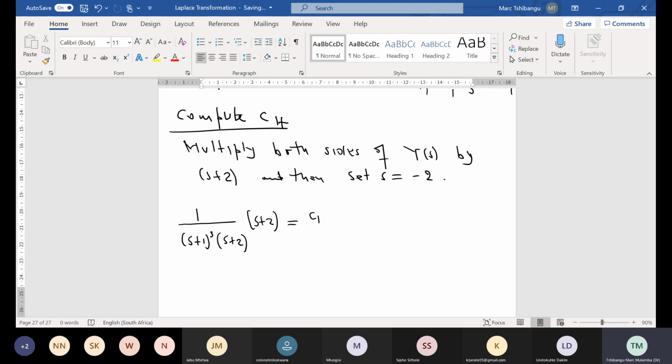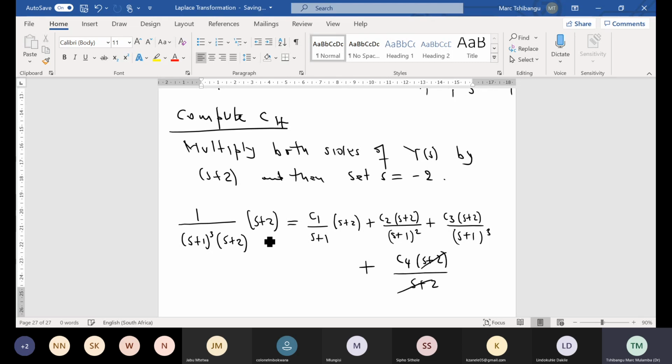I'll distribute straight away. So if we distribute, you're going to have C1 over (s plus 1) times (s plus 2), plus C2 times (s plus 2) over (s plus 1) squared, plus C3 times (s plus 2) over (s plus 1) cubed, plus C4 (s plus 2) over (s plus 2).